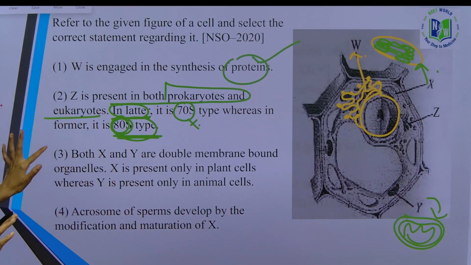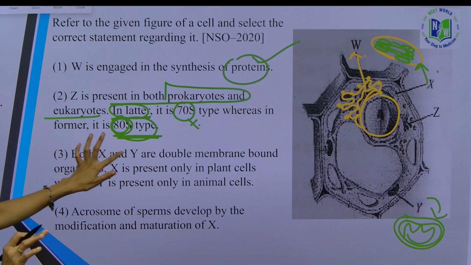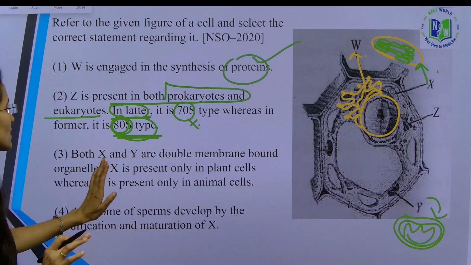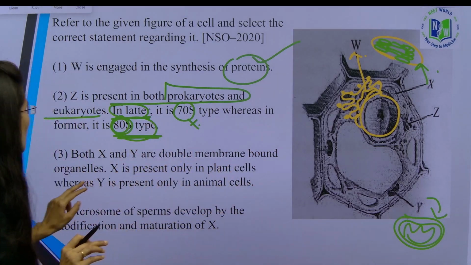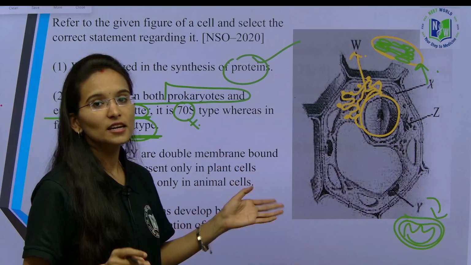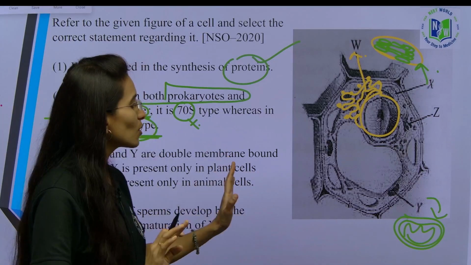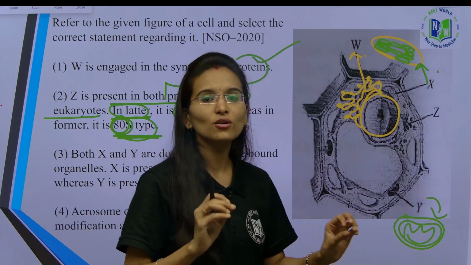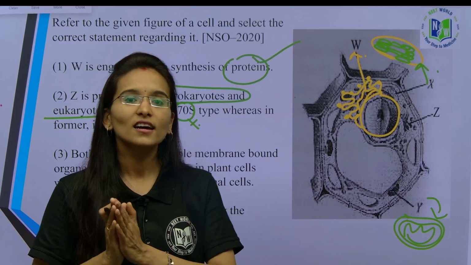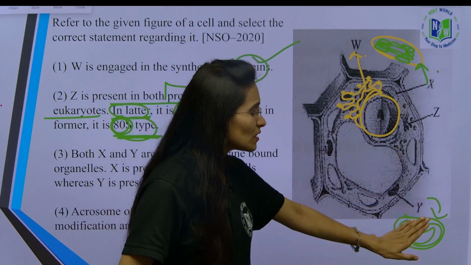Next, coming towards option 3, both X and Y are double membrane bound organelles. X is present only in the plant cells, whereas Y is present only in the animal cells. So, this is also wrong. What is Y here? Mitochondria. Mitochondria is present in both plant and animal cells. Both are double membrane, it is right.